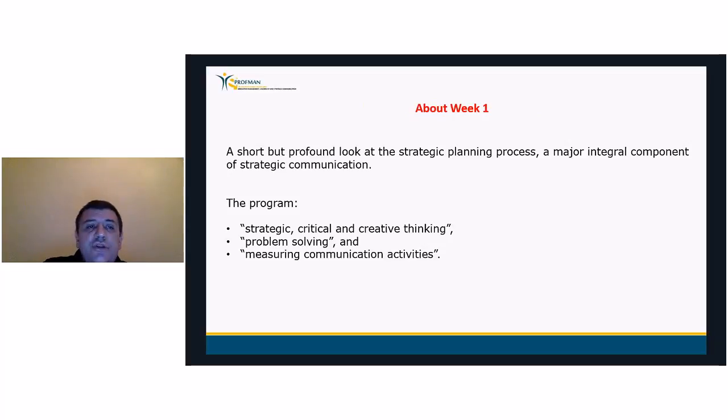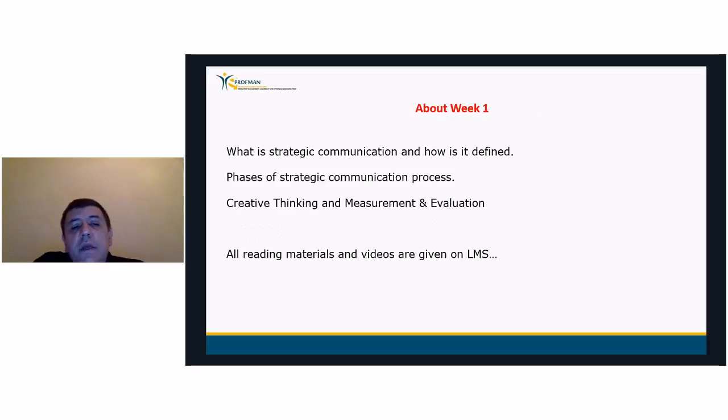In other words, you will learn what exactly strategic communication is and how it is defined. Also, you will find out the phases of the strategic communication process. In this context, you will go through two important components of strategic communication: creative thinking, and measurement and evaluation.